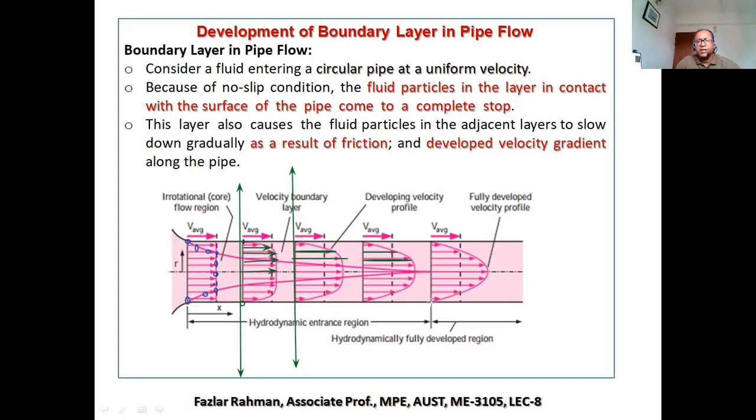Finally, you take right over here, you see the maximum. This one reaches maximum velocity, and after that, the velocity is not changing. Now, if you connect all the lines with this maximum velocity, you will get a line like that.